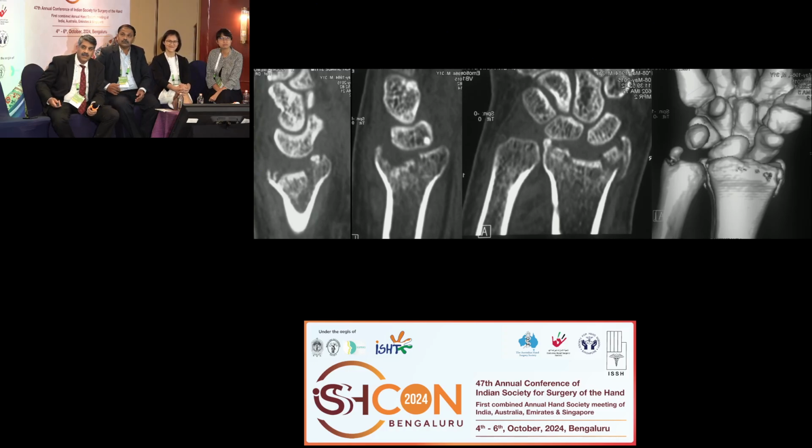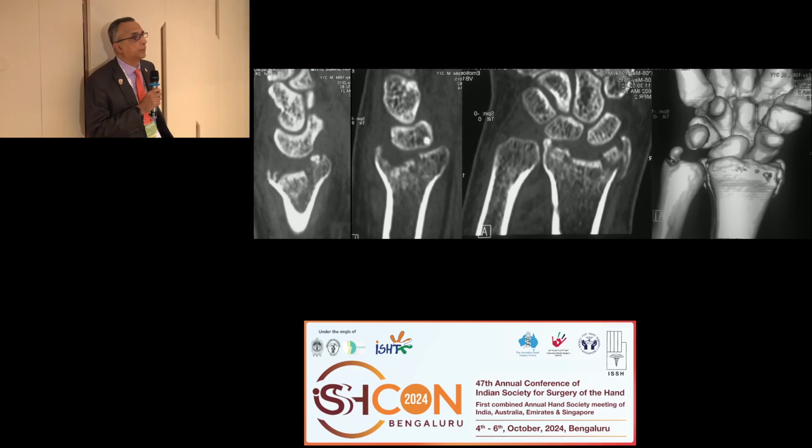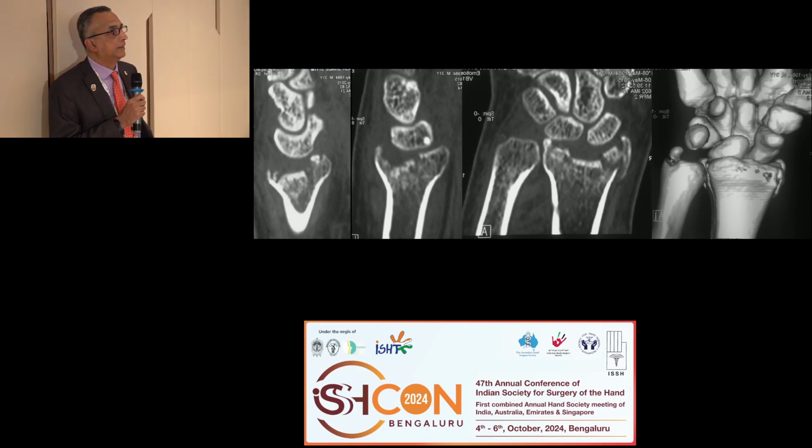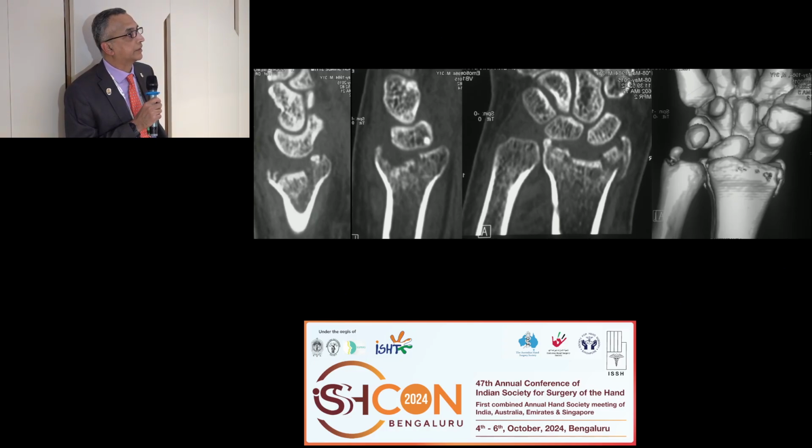Before we go to management, sure. I think there are a few features of the radiographs and CT scan which should give us pause for concern. One of those is the exit of the fracture line on the scapholunate crest of the distal radius. When you have that, in the back of my mind when I'm consenting the patient, I will always talk about the possibility of an occult scapholunate injury.